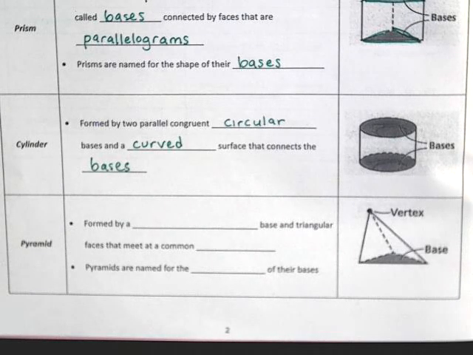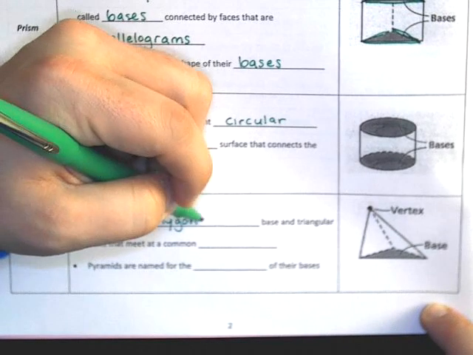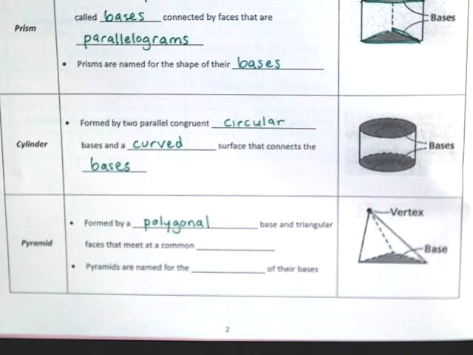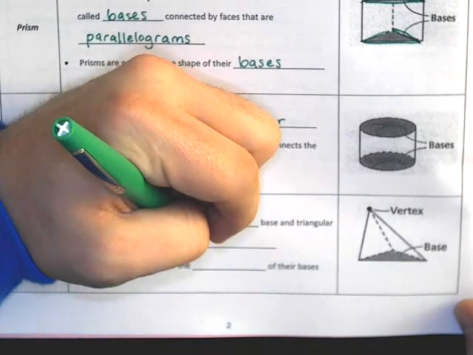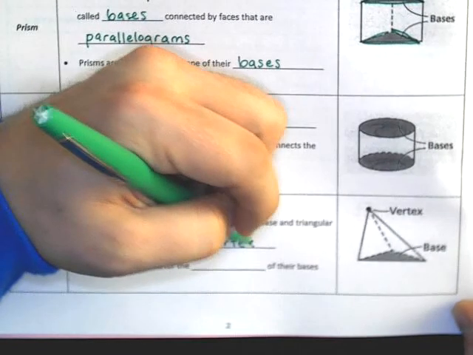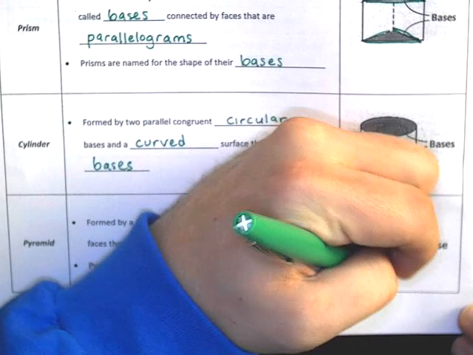Moving on, our next type of solid that we're going to focus on is pyramids. Pyramids are formed by a polygonal base and triangular faces that meet at a common vertex. Notice I corrected myself. It's really important to recognize that in a pyramid there is only one base.